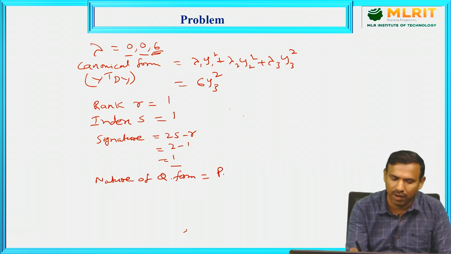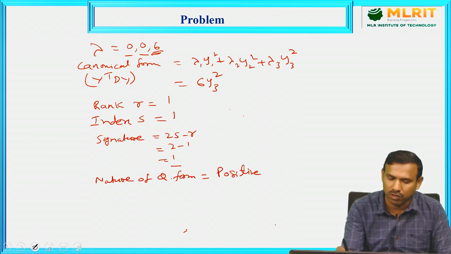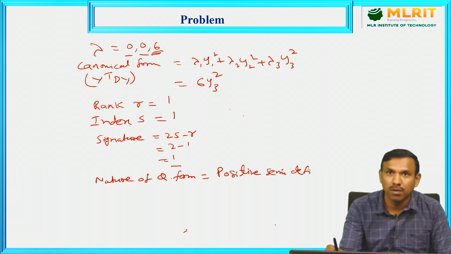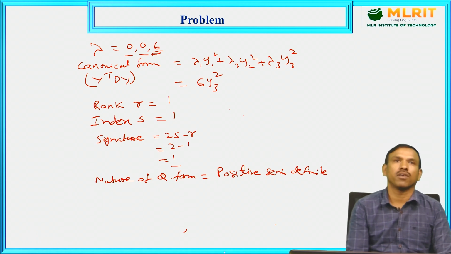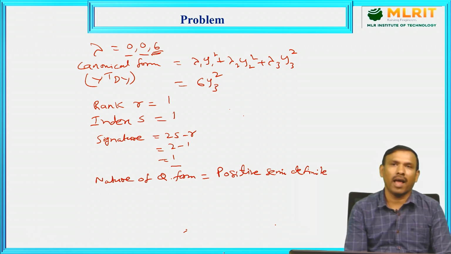One eigenvalue is positive, but the remaining are not positive, 0 is there, that we call semi-definite. Positive semi-definite. This is the nature of the quadratic form. So, this is a way to find rank, index, signature and nature of the quadratic form.